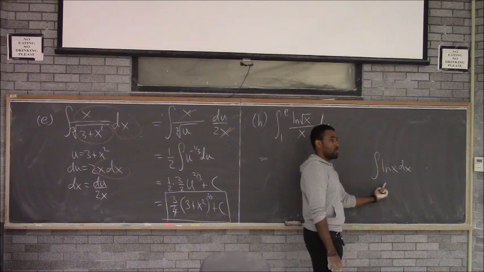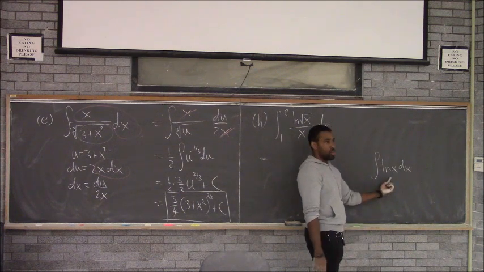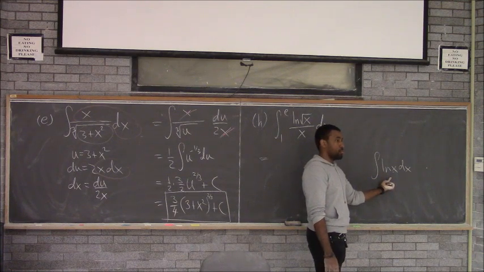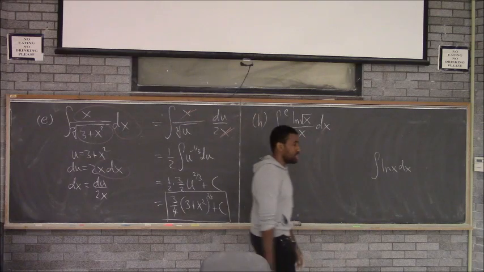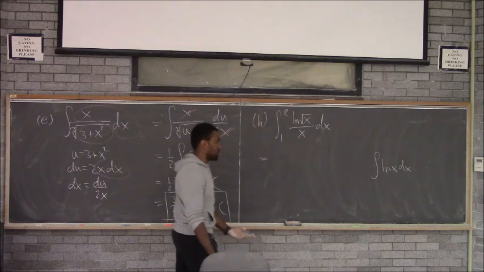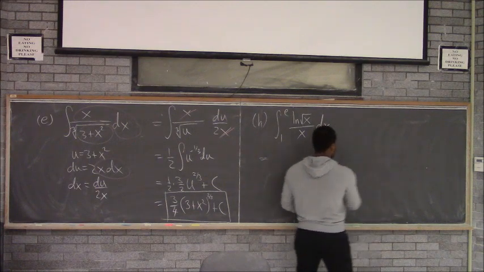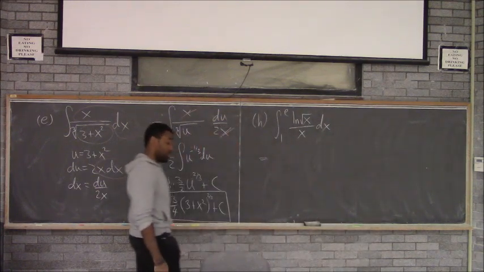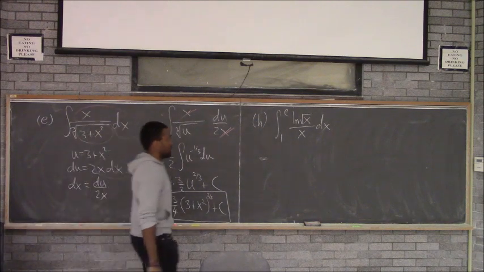We don't know what that is. You're learning in Calc 2 how to find the antiderivative of ln. At the moment, we don't know. So getting rid of the radical x actually doesn't make our lives easier. I would get something that's just as complicated for a Calc 1 person. We don't know how to integrate ln. We know how to differentiate ln, we get 1 over x, but we don't know how to anti-differentiate. Not yet.